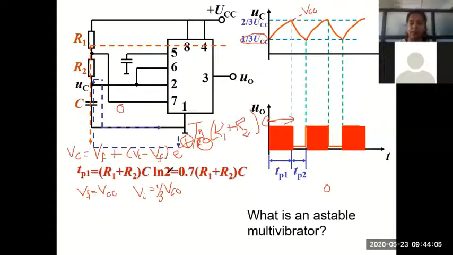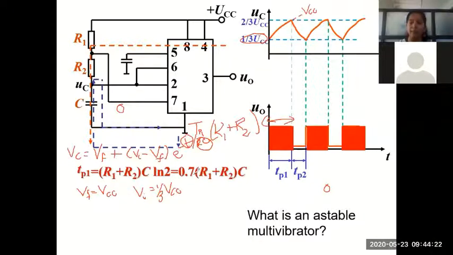Remember how we simplified in the same way. We substitute all the values, isolate the terms, and take natural logarithms, so that this e power something will reduce to ln of 2. So what is ln of 2?